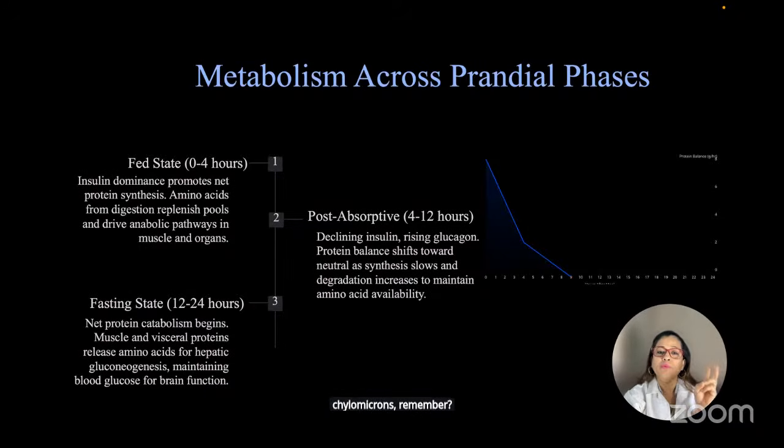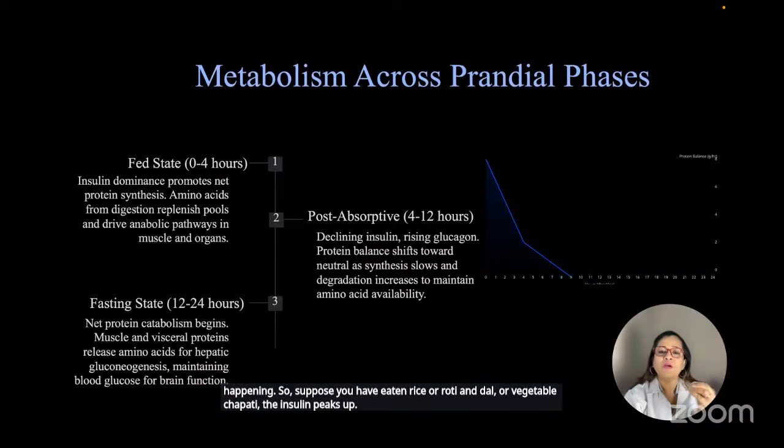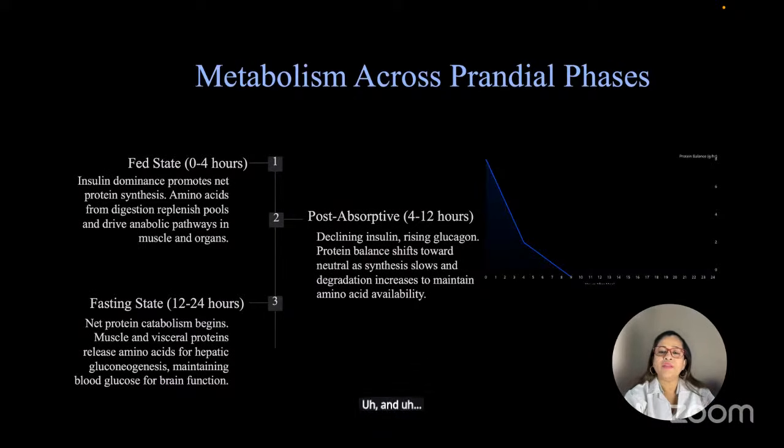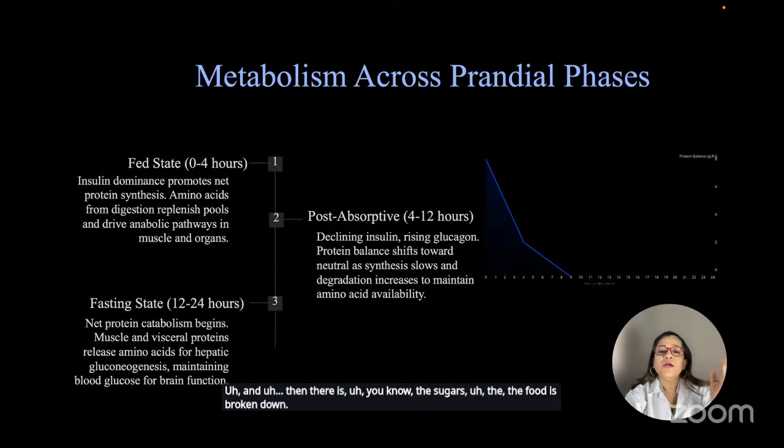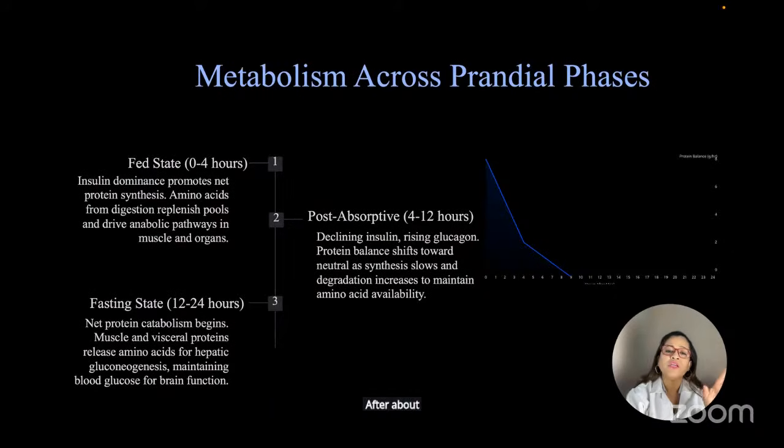Remember, lipoprotein lipase is activated by insulin. Then in protein metabolism, amino acids are taken up by the muscle, so there is synthesis happening. So suppose you have eaten rice or roti and dal, vegetable chapati, the insulin peaks, and then the food is broken down after about 4 to 16 hours.